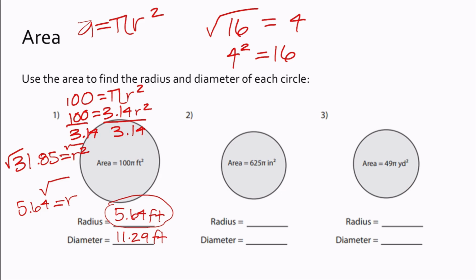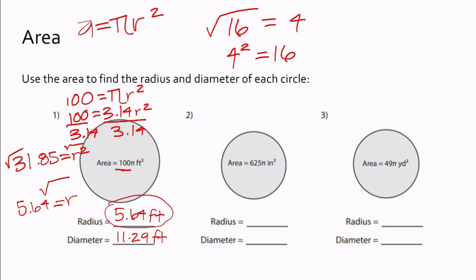So if I take 5.64 squared and then multiply that by pi, I end up with 99.88. And the reason for that, remember, is because I rounded so many times, and because I'm using 3.14 as pi instead of the full pi. But 99.88 is close enough to 100 that I know I'm on the right track, that I've done it right.